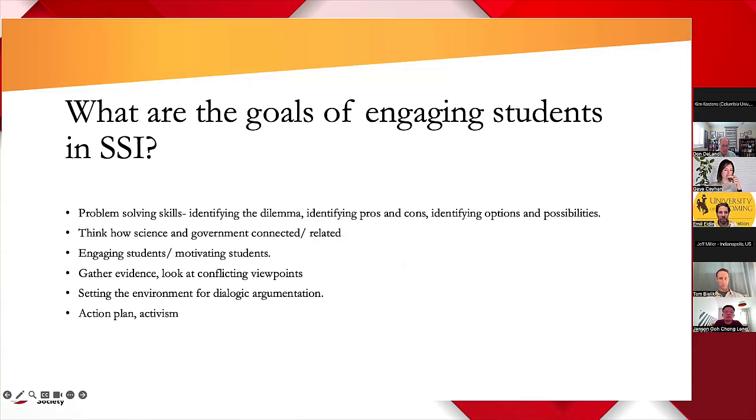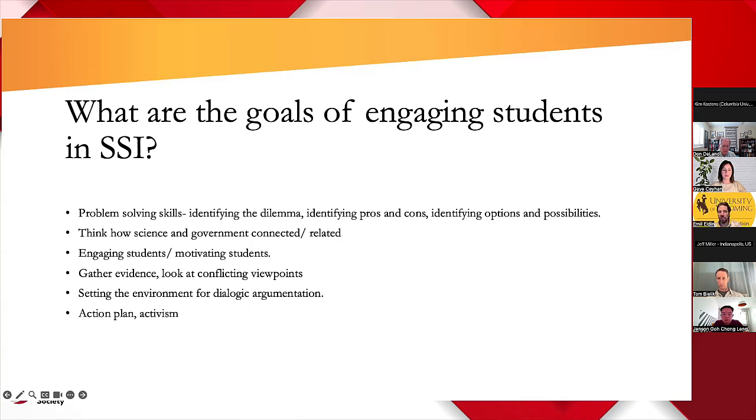Think about how science and government are connected, meaning removing the view of science as a purely fact-based, highly cognitive enterprise, and framing it as it actually is, a social enterprise that depends on government and stakeholders other than scientists for how it operates. And it has its own biases and so forth.